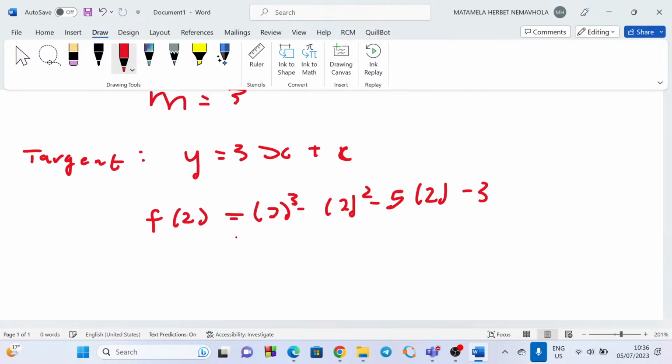So if we calculate this, you will see that 2 cubed is 8, minus 4, minus 10, minus 3.